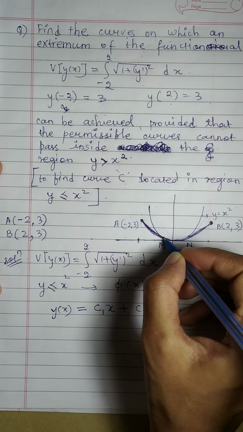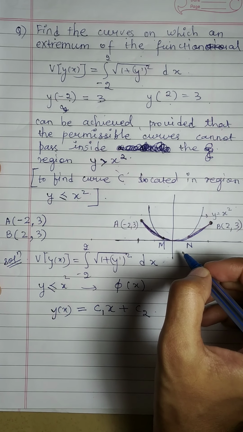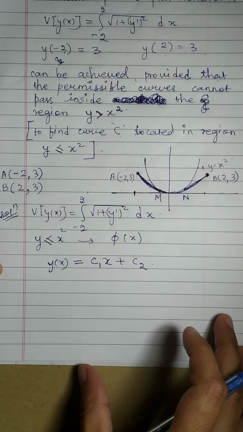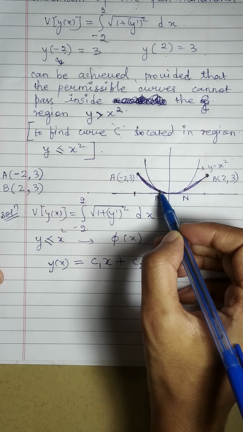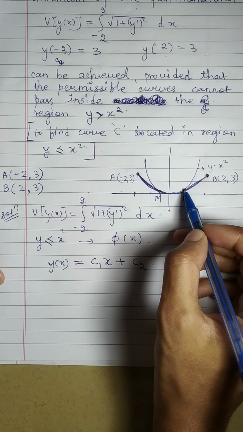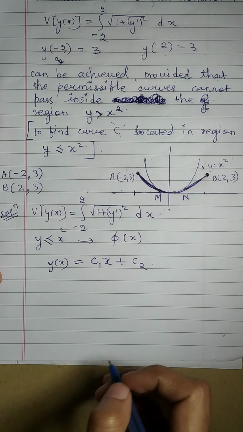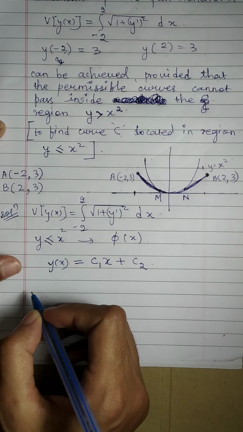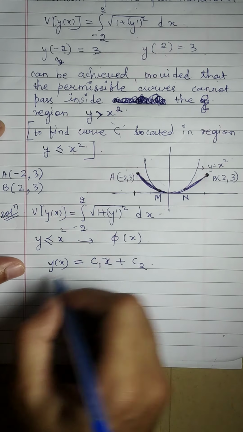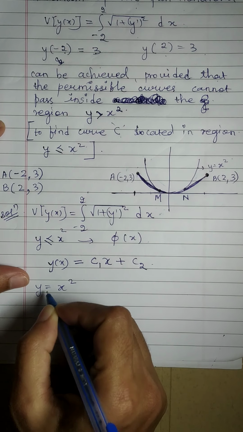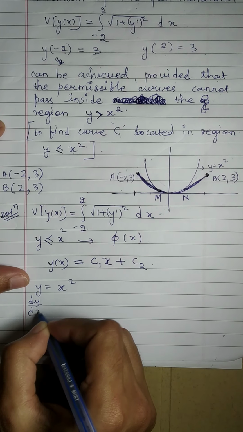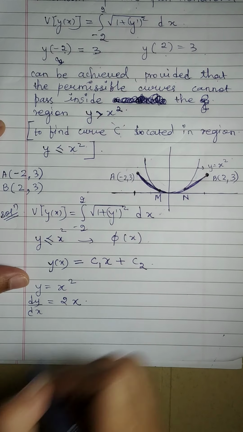We want to first determine what these points M and N are, and we will use the tangential condition to determine them. The curve is y equal to x square, and therefore dy by dx will be equal to 2x.